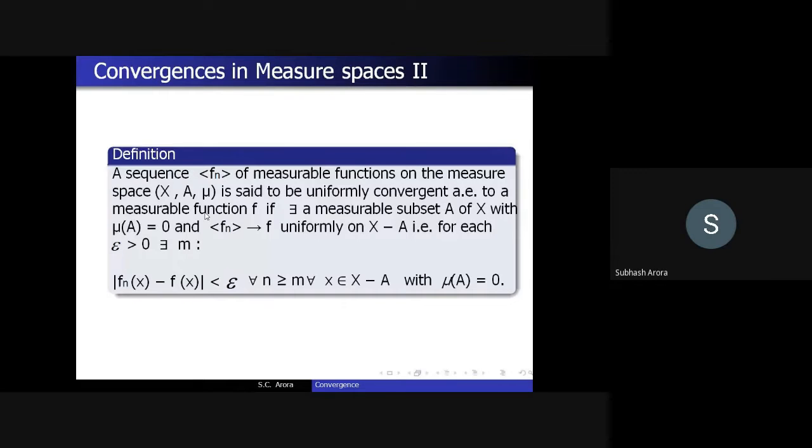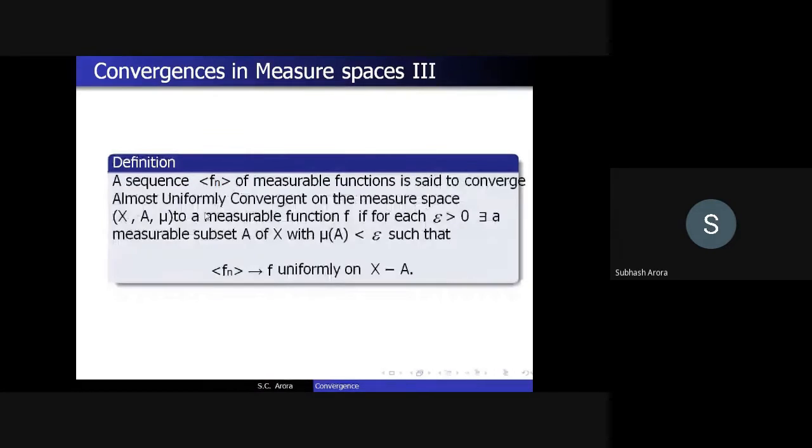Uniformly convergent I have already defined on the whole set X. The next: a sequence Fn of measurable functions is said to be almost uniformly convergent to a measurable function f if for each epsilon greater than 0, there exists a measurable subset A of X with mu of A less than epsilon such that Fn converges to F uniformly on X minus A. This is almost uniform convergence.